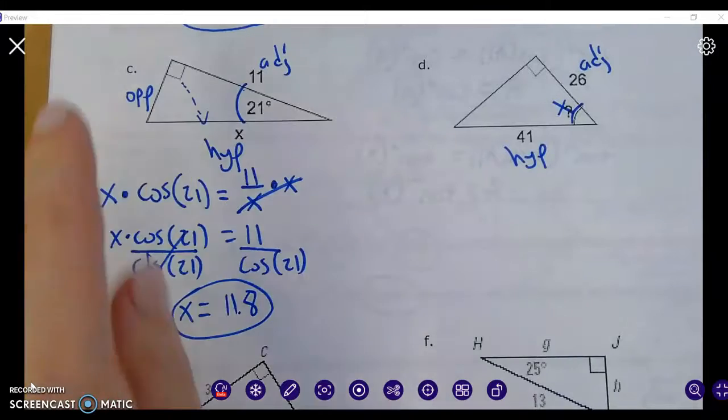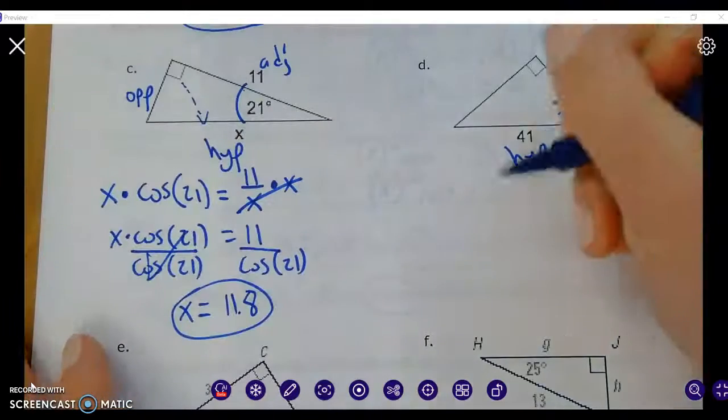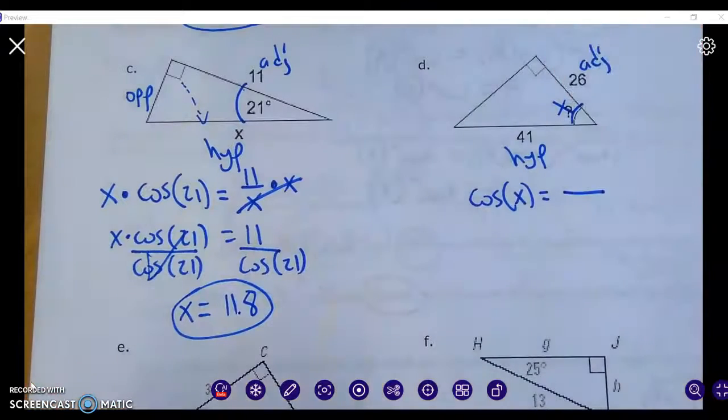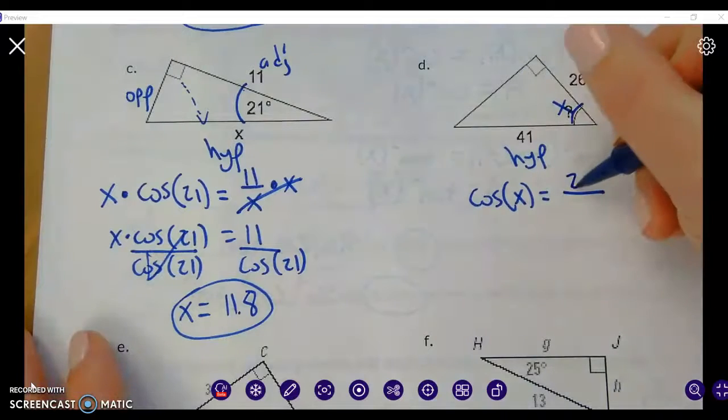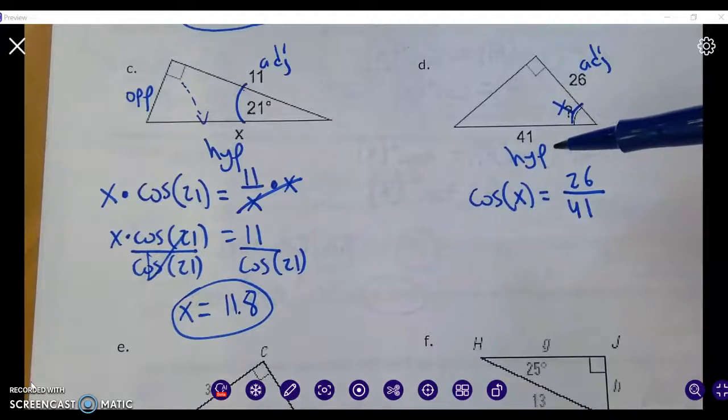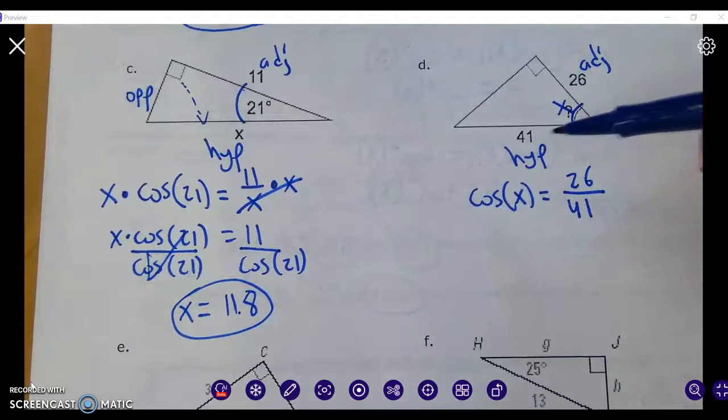So you're doing it like we did A. So take cosine of your unknown angle and write your fraction. Okay, and I don't think a lot of you guys are still writing out all the steps, which is fine as long as you indicate somewhere that you use the inverse button.